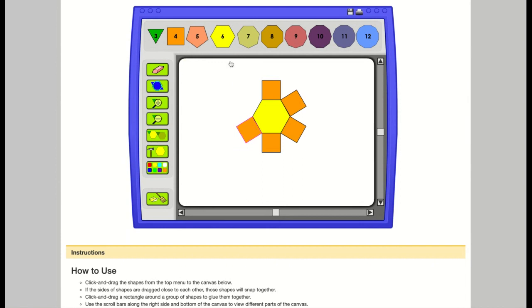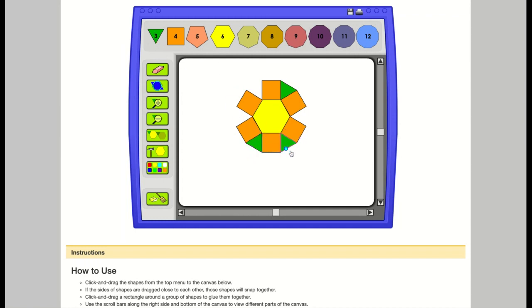So let's see. It takes a little while to get comfortable with the tessellation creator, but it does work quite well. It's intuitive. Okay, so then I'll put these in between. So I'm making 3, 4, 6, 4.